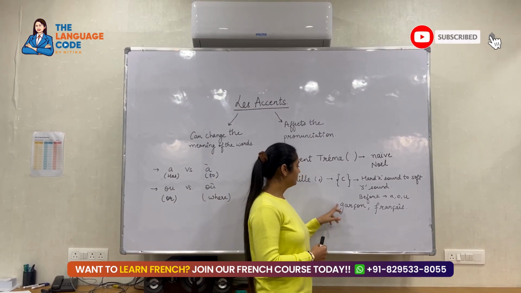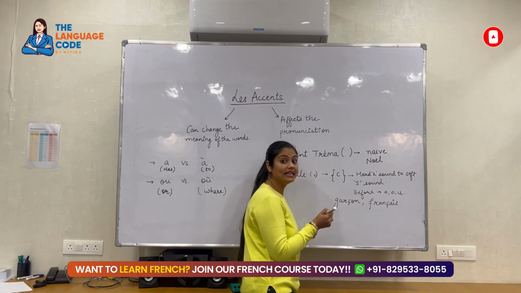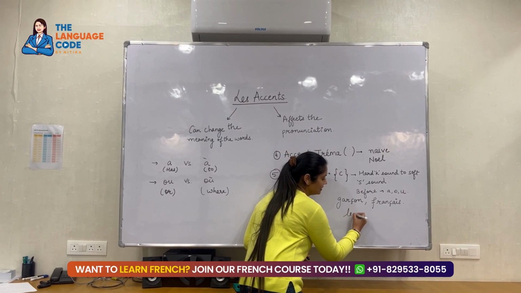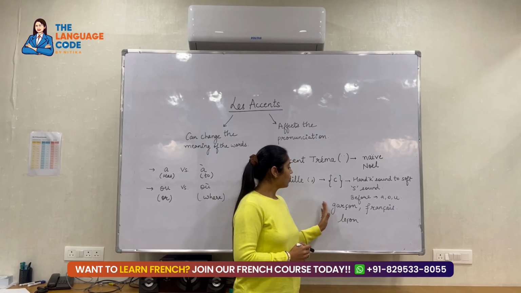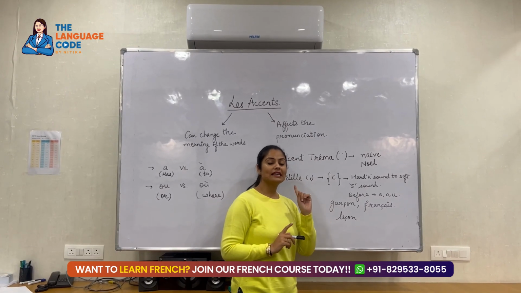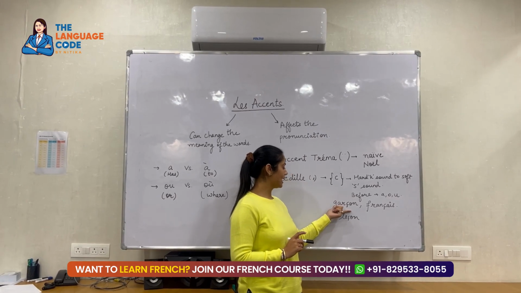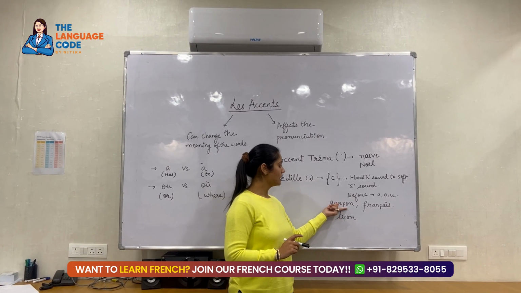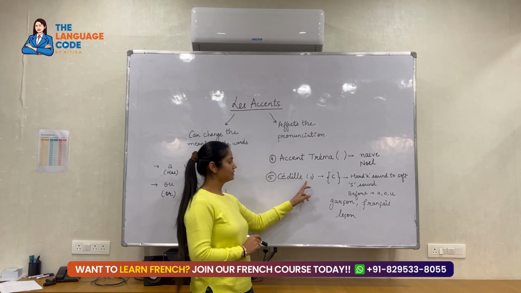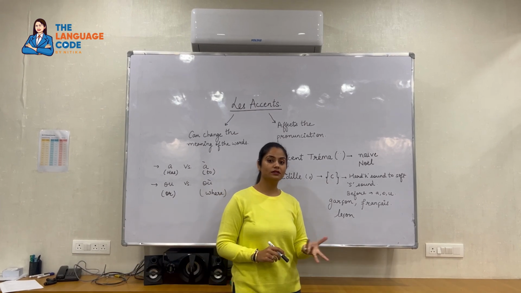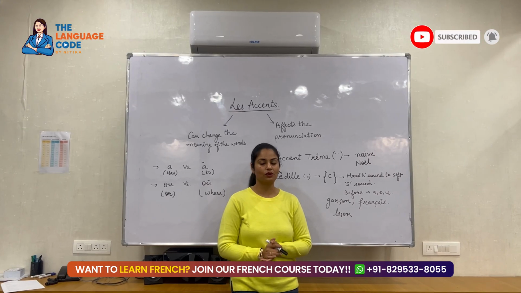For example, garçon, français, liaison. And it is always used before the vowels A, O and U. Always remember that the cédille is always used before A, O and U, with the consonant C, to turn the hard K sound into the soft S sound of the C.